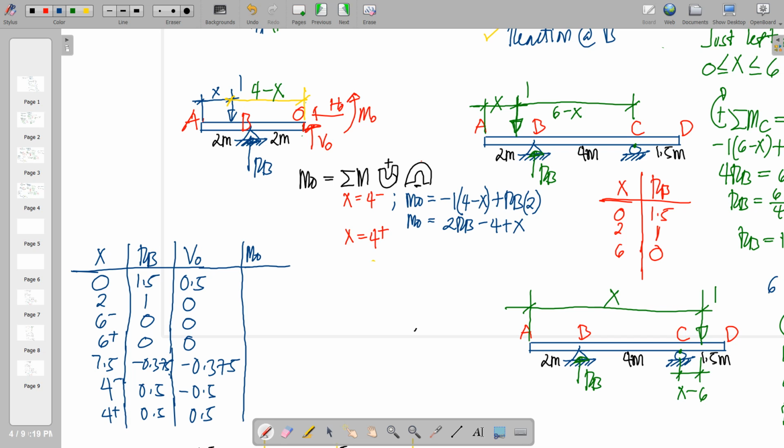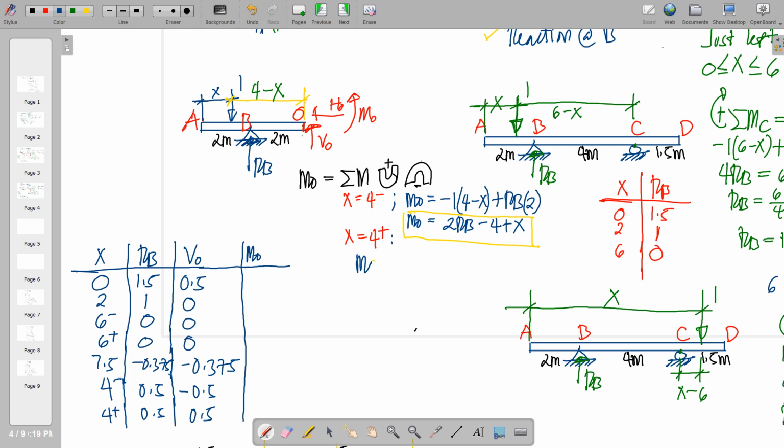And then for x, that is considering the right portion of your beam. Notice that 1 will already abandon from A to O. It will be existing on this portion. Okay, so therefore, we'll just have to remove this one and then write the equation.